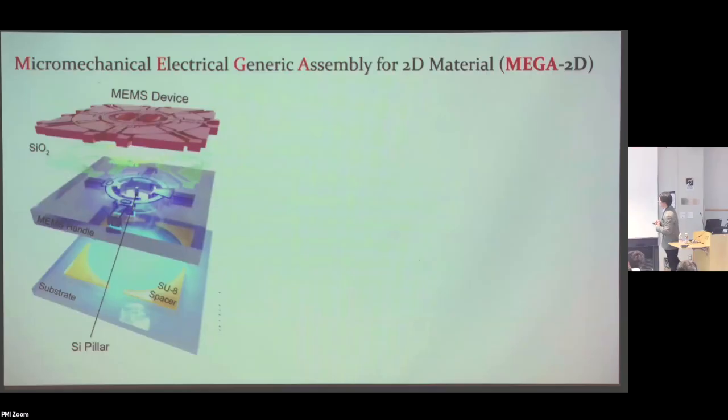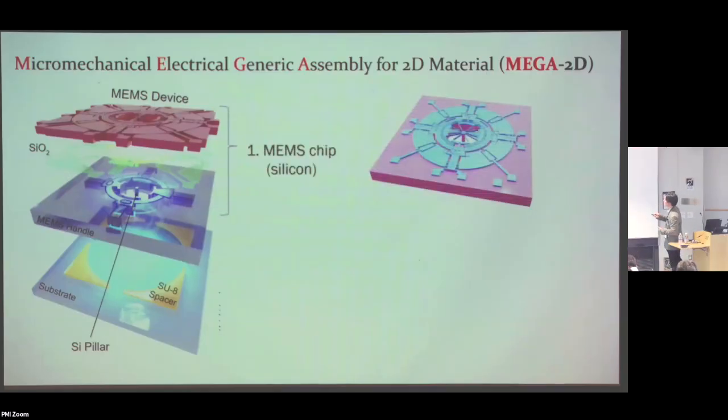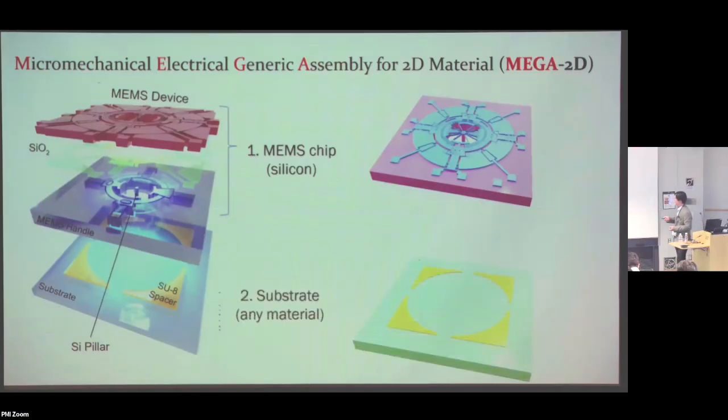Now if you take a closer look at what this device is, it has two parts. One part is this MEMS chip. Okay, it's like a silicon chip that, as long as we apply some voltage onto it, you can do the motions that you just saw in the video. And the other part is the substrate, which can be any material in principle. Okay? And we assemble these two chips together, and that's our device.